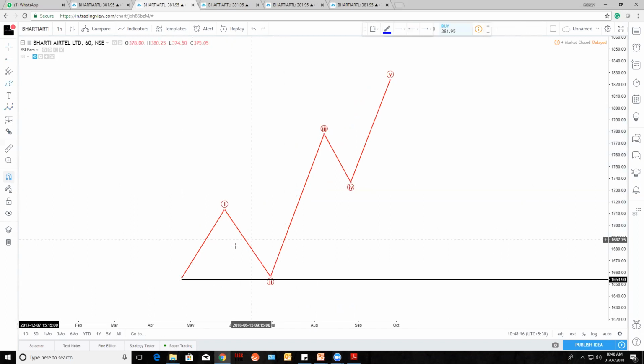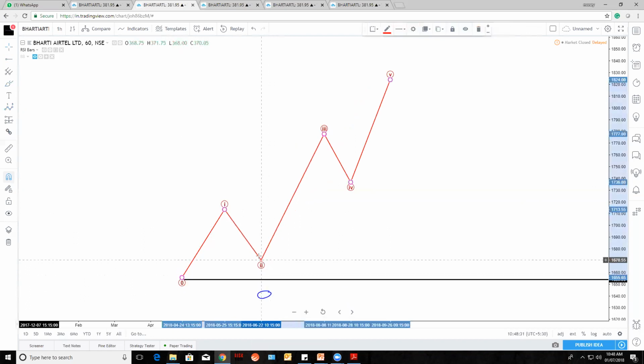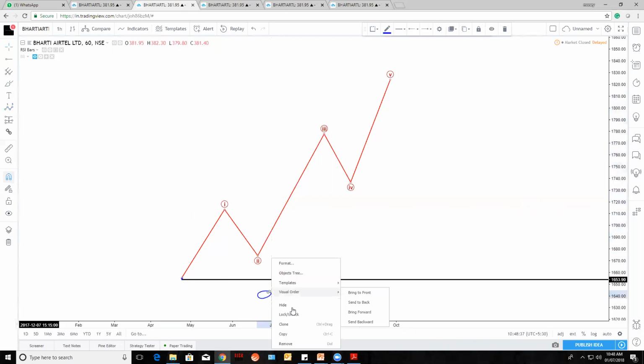Got it? So wave 2 never exceeds the beginning of wave 1. So this is the beginning of wave 1. It never retraces beyond the beginning of wave 1, so it is always less than the length of wave 1.